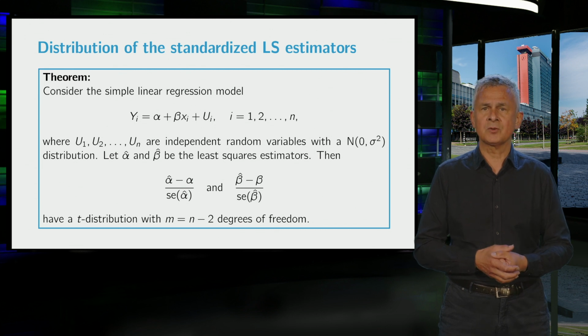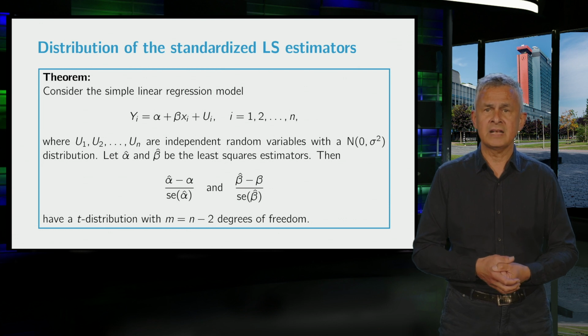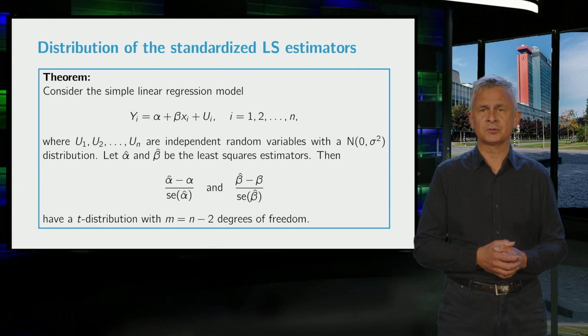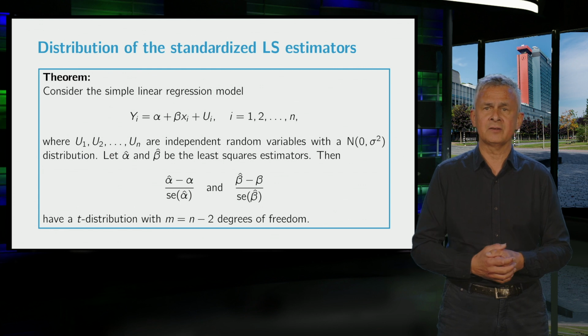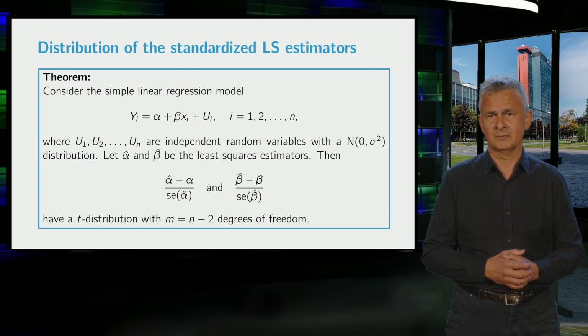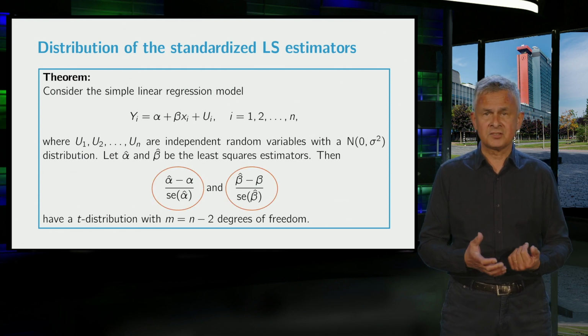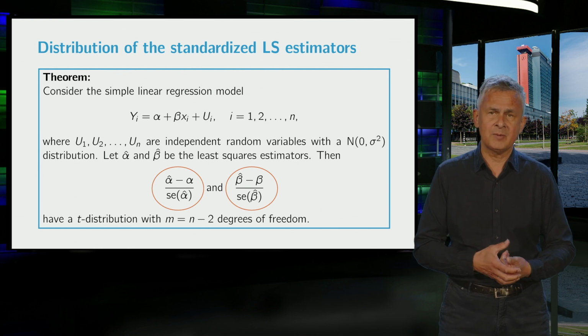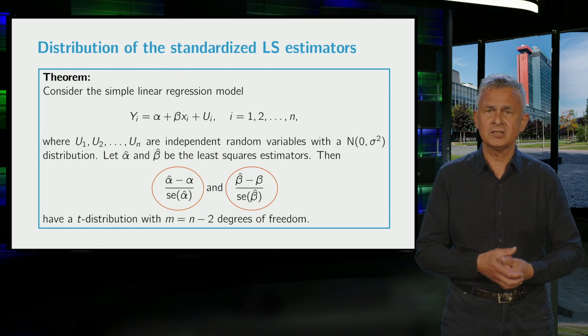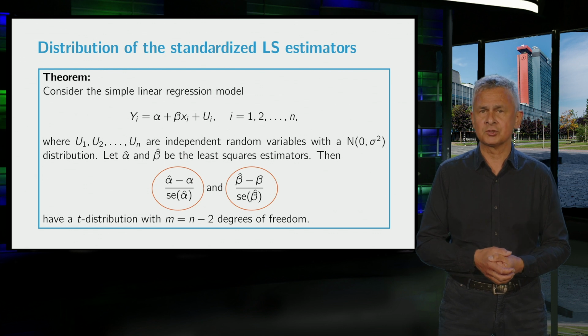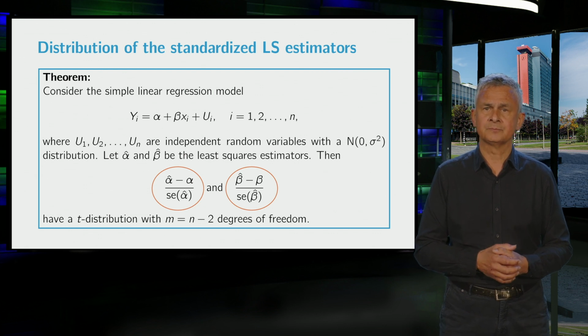Suppose we have a simple linear regression model for which the measurement errors are independent with a normal distribution with mean 0 and variance sigma squared. Then the standardized alpha hat and beta hat both have a t-distribution with n-2 degrees of freedom.